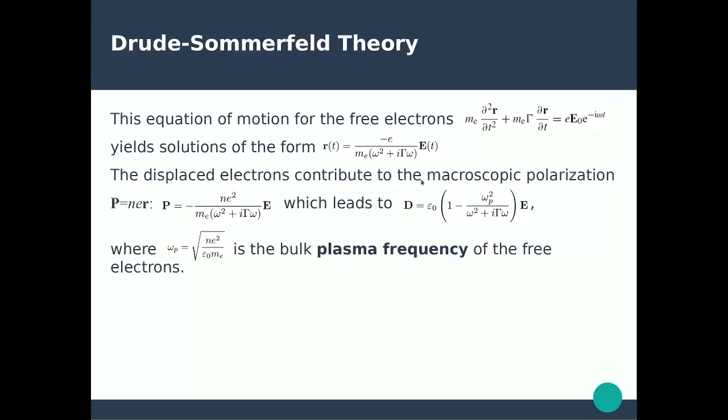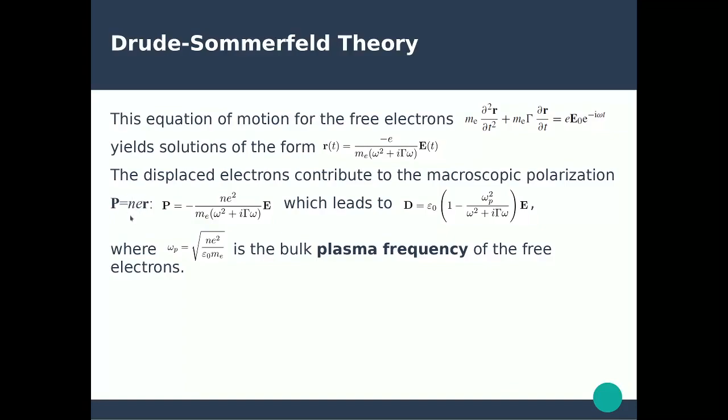So the displaced electrons contribute to a macroscopic polarization. I just discussed that we have this polarization that forms as a result of the separation of positive and negative charges. So this macroscopic polarization is just described by how many electrons you have that are being displaced, and what's the charge of each electron.